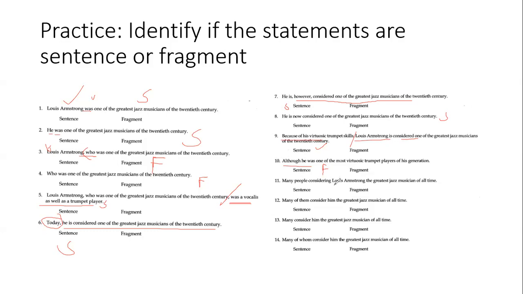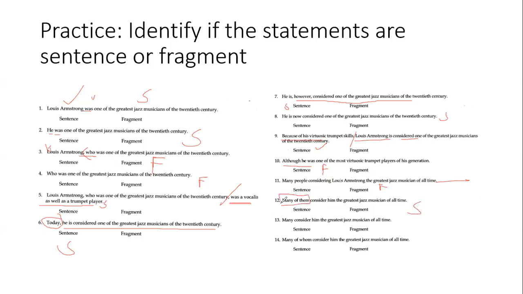Many people considering Louis Armstrong the greatest jazz musician of all times. It's a fragment, because that sentence is just not complete. Then what? Right? Many of them consider him the greatest jazz musician of all times. 12 is again a sentence.